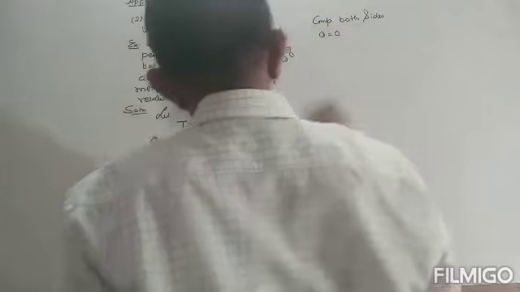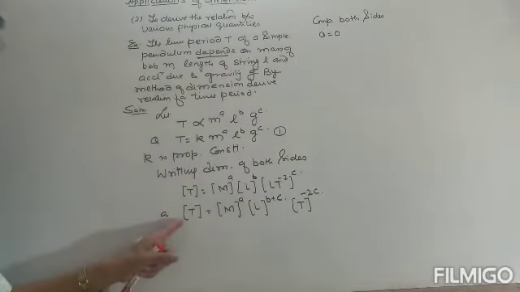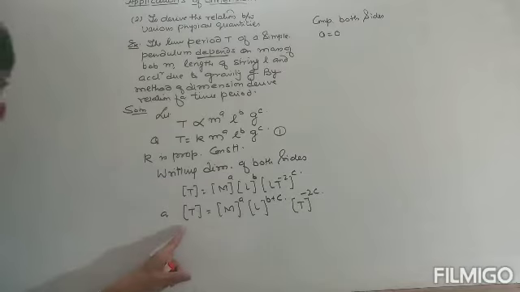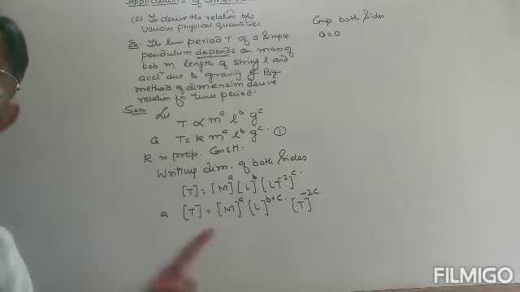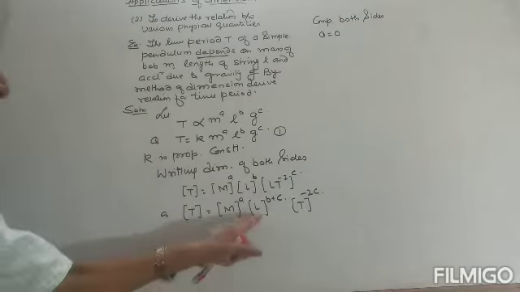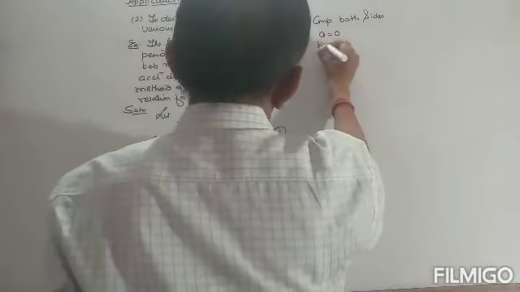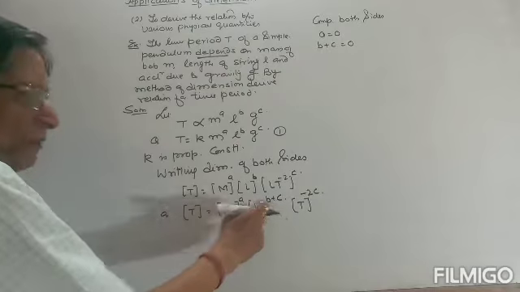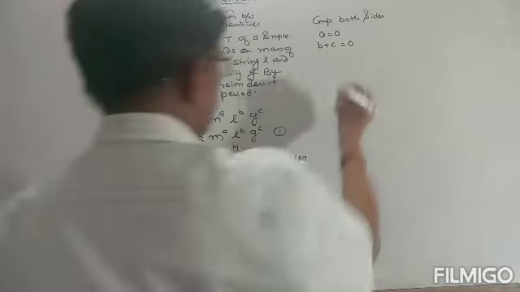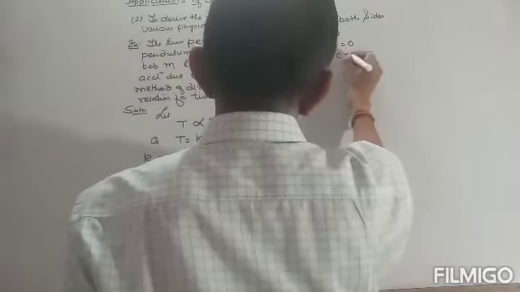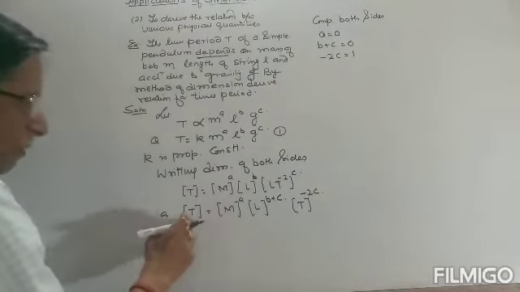Because on the left hand side M is not given, its meaning is that a is equal to 0. L power b plus c: L is not given on left hand side, its meaning it's also equal to 0. T power minus 2c, and here power of T is 1.